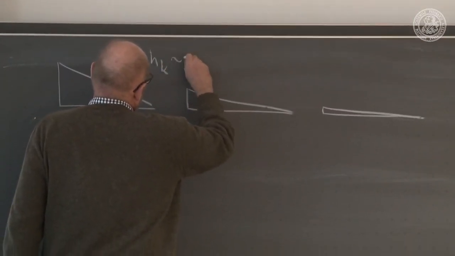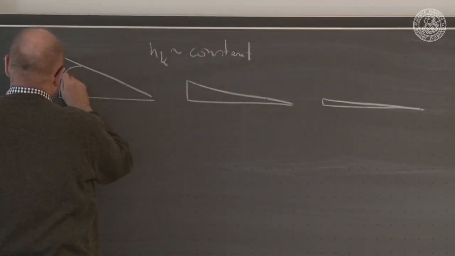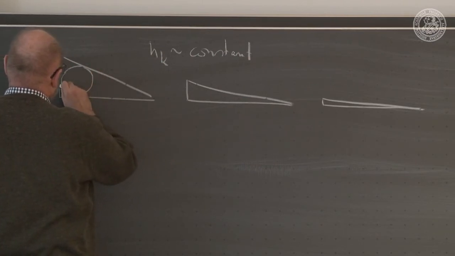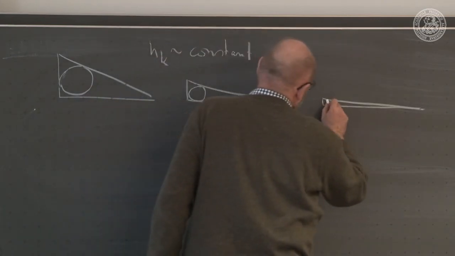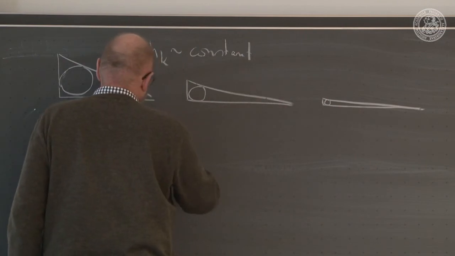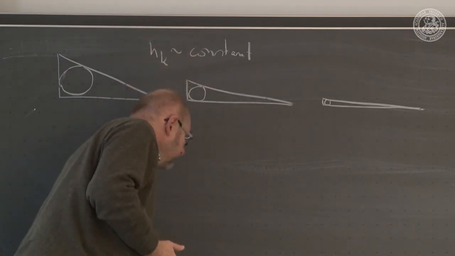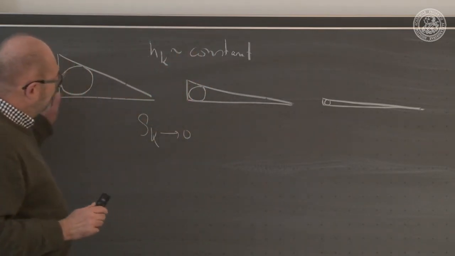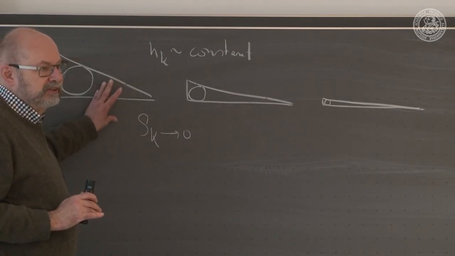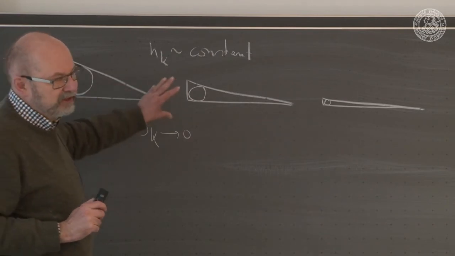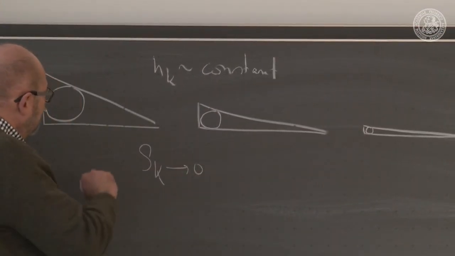So hk is more or less constant. But what happens to the incircle? This is not well drawn here. Of course, this rho k gets smaller and smaller. So rho k goes to 0. It will turn out that this situation will not be allowed, which is bad because this reflects a quite reasonable refinement strategy. So, okay, we will come to that.